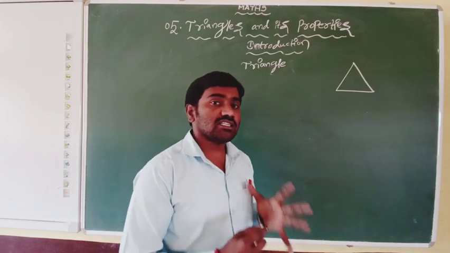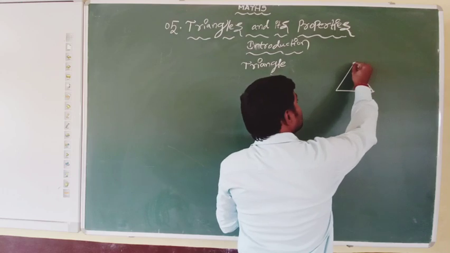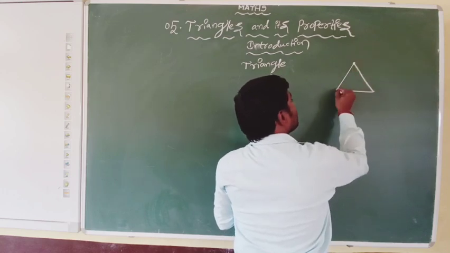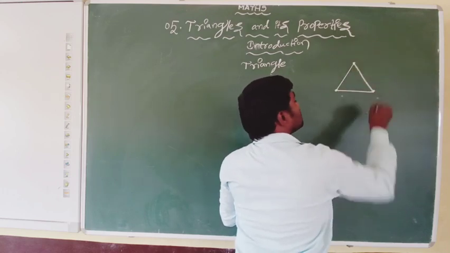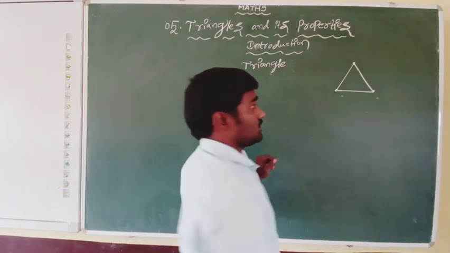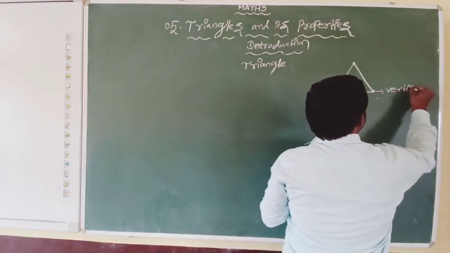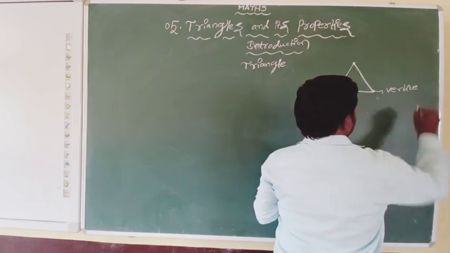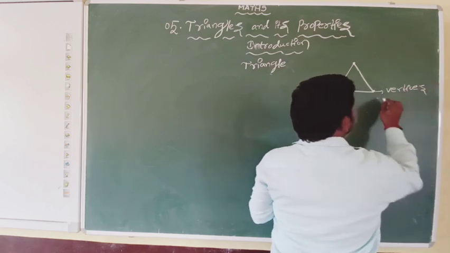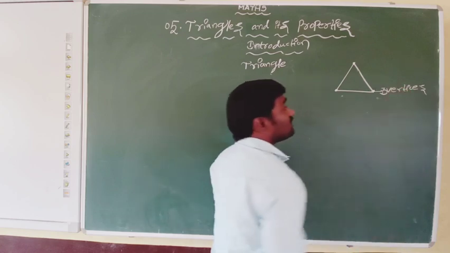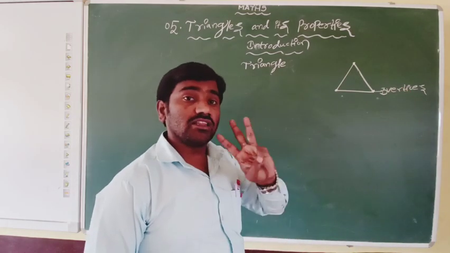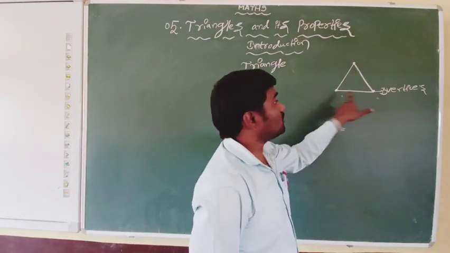First, the common point of two line segments is known as a vertex. A triangle will have three vertices. How many vertices? 1, 2, 3.